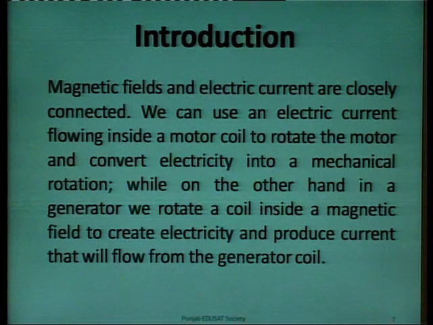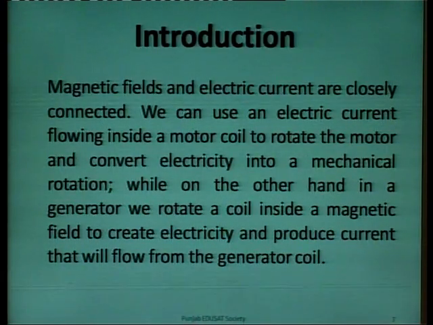Magnetization and demagnetization takes place. Similarly, the magnetic and electric fields are closely connected to each other. We can use the electric current flowing inside a motor coil to rotate the motor and convert this electricity into mechanical power or mechanical rotation.